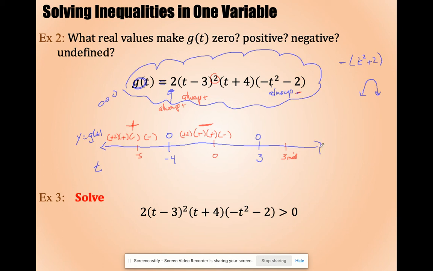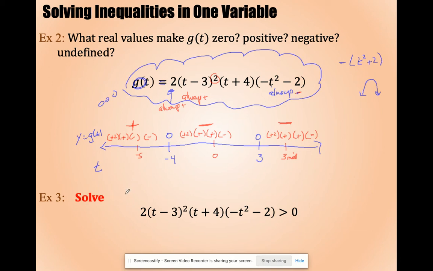I'm just being facetious, but showing you it doesn't matter what number you pick above here as long as it is bigger than 3. You have a positive 2, a factor that is always positive because it's squared. 3 million plus 4 is positive. And then you have a factor that is always negative. So what is a positive times a positive times a positive times a negative? A big fat negative.